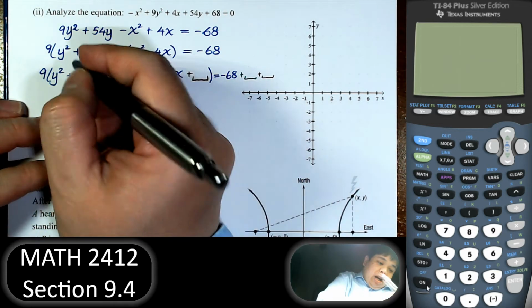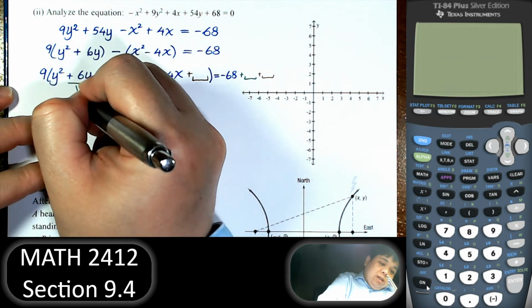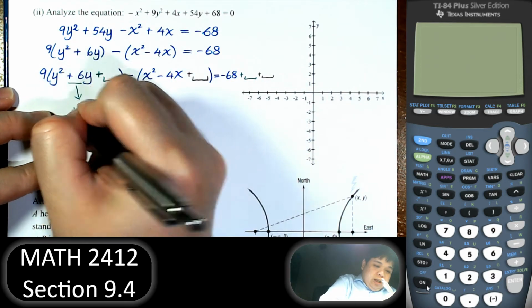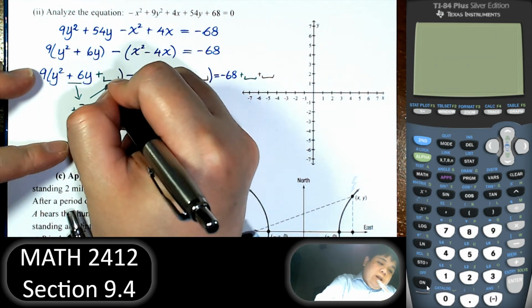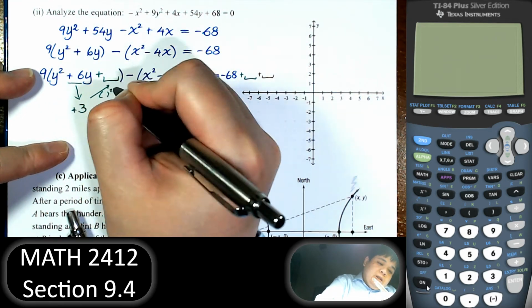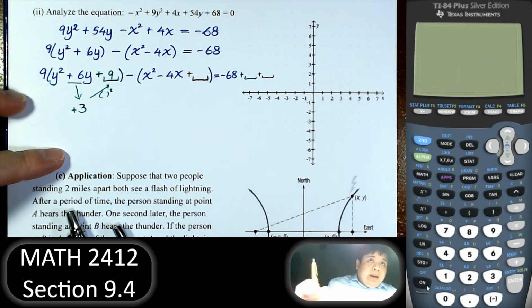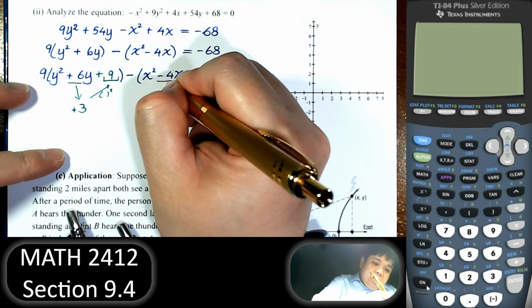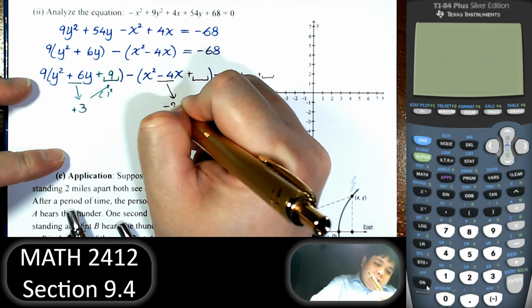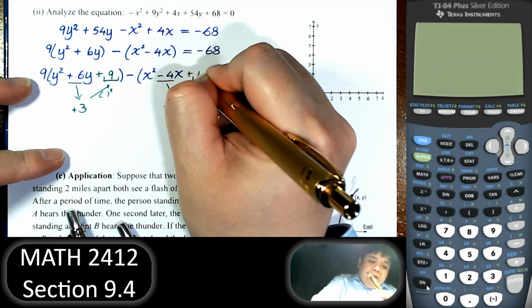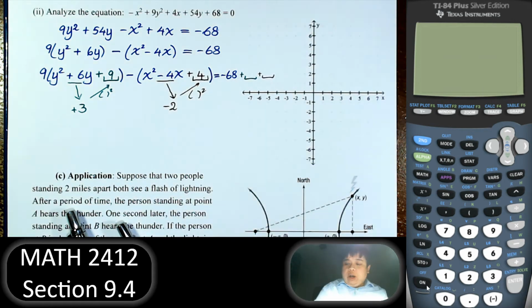Now what we'll do is take half of this number, that's plus 3, and then we square it. That will be 9. Half of this number, and then square it. That will be 4. So what did we do?